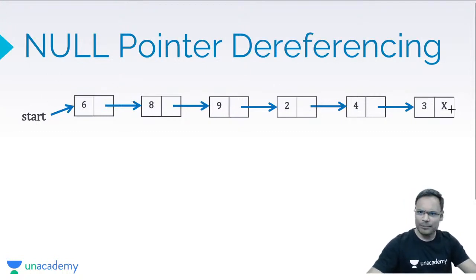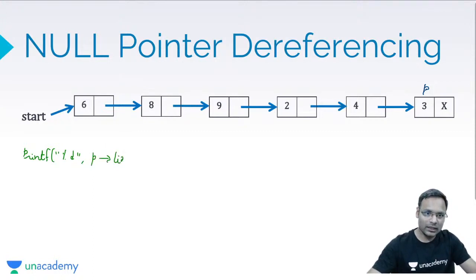Suppose this is the list and there is a pointer P pointing to this node. Fine. If I want to access like this way, printf %d, just because integer list it is, p arrow link arrow data.